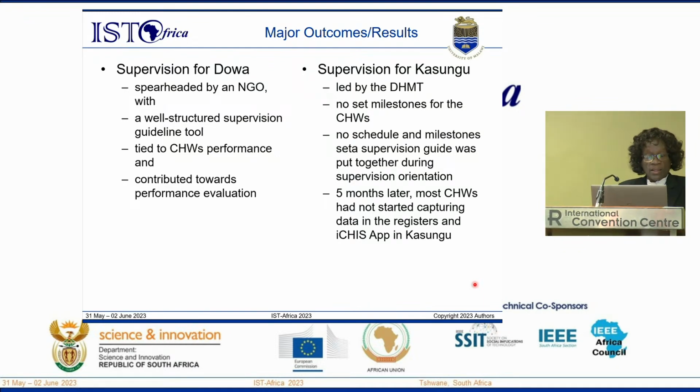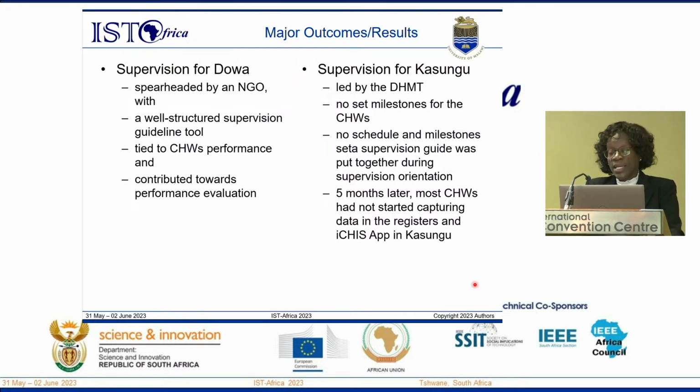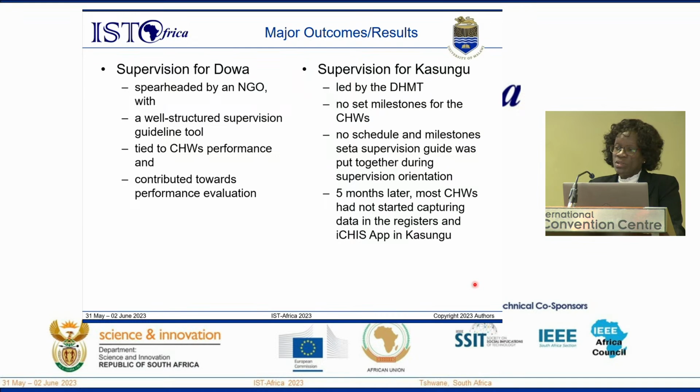In Dowa, it was being spearheaded by an NGO, and they had a well-structured supervision guideline too, and that was also tied to the performance of the community health workers in a way that it was also contributing towards the performance evaluation. And that made a big difference because they were doing things systematically.